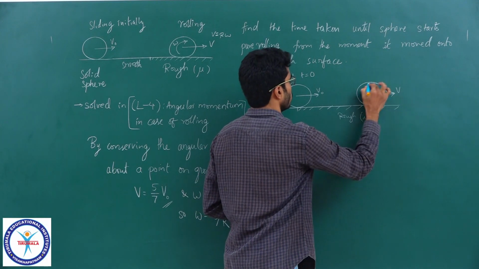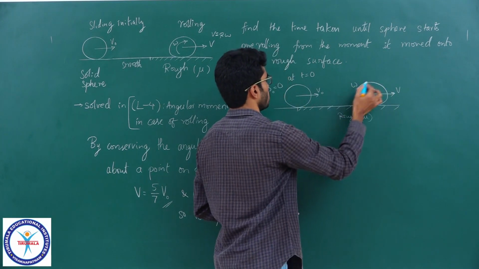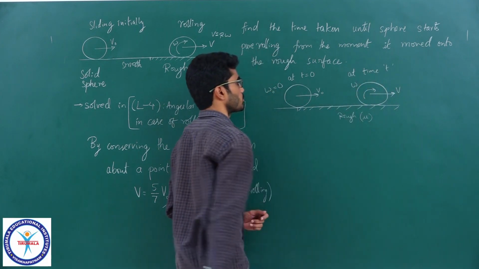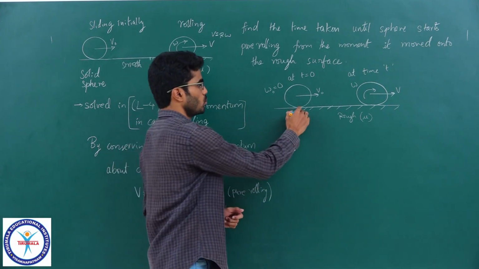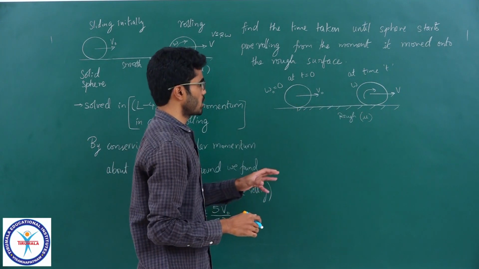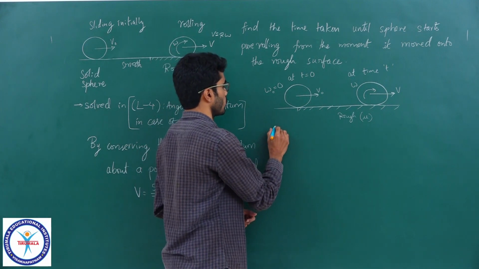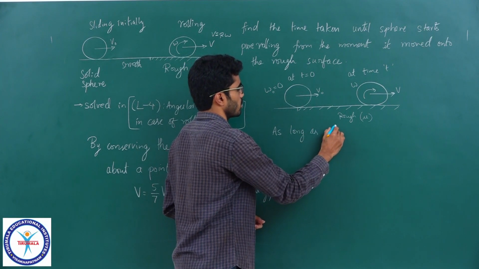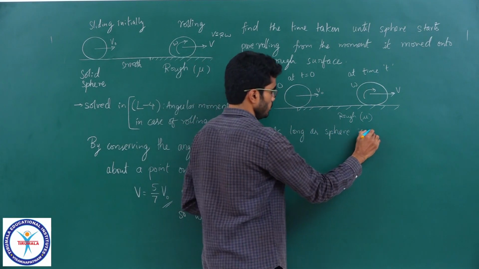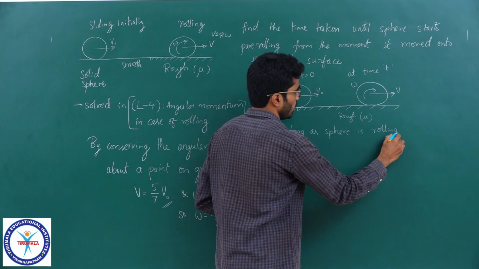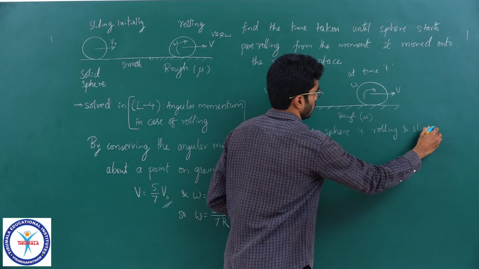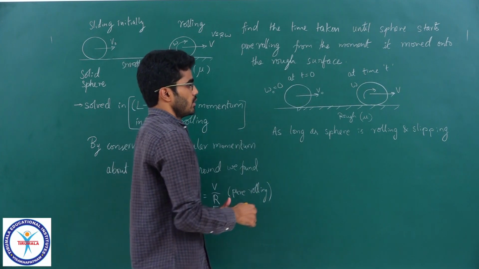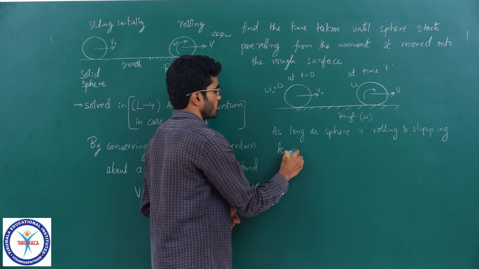The final scenario will be something like this at time t. Throughout this time the friction acts on the object and it is kinetic in nature, so we have to make a note of this. As long as the sphere is rolling and slipping, so until it starts pure rolling, it will be slipping, and the kinetic friction acts on it.